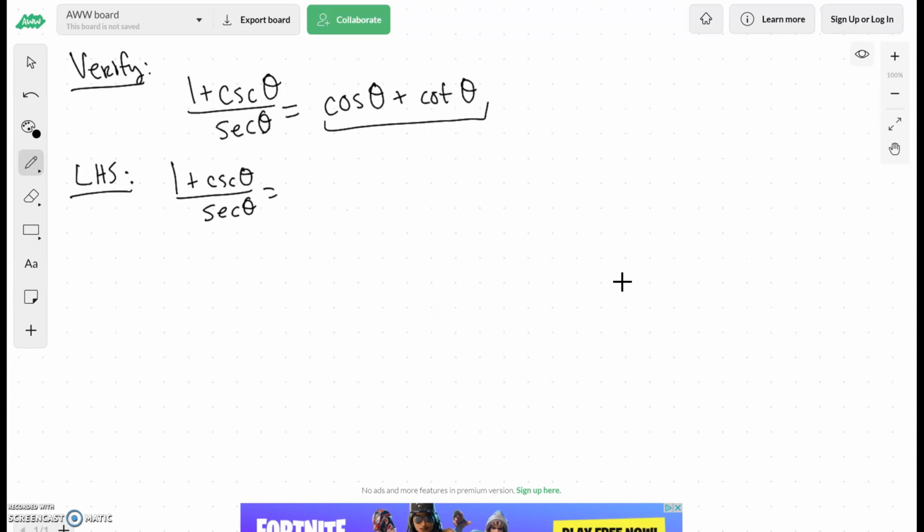Okay, so the first thing I'm going to do, let's compare everything to sine and cosine. So I'm going to have 1 plus 1 over sine theta, divided by 1 over cosine theta. Now let me combine the top part.